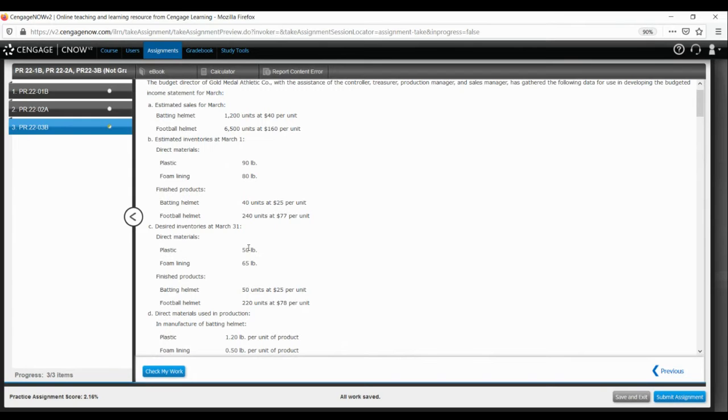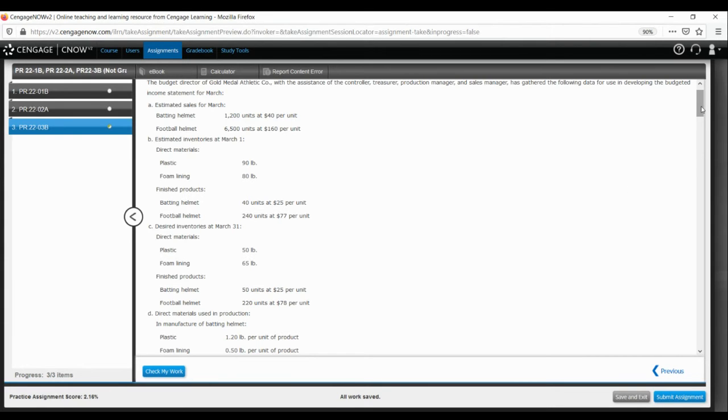So the next thing we want to look at is the desired ending inventory of the finished products. For the football helmets, the finished products are 220 units.